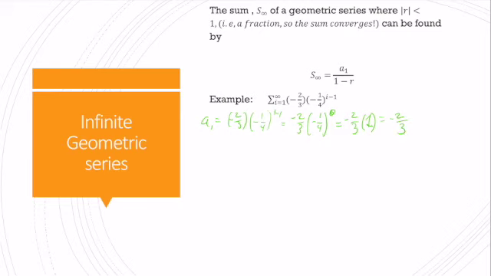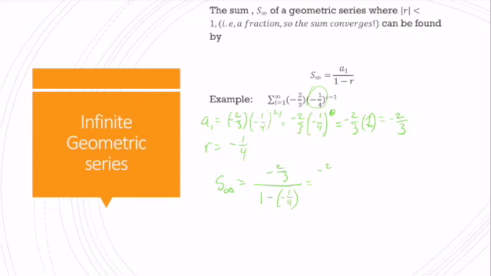My r in this case is what it's going to be changing by every time, 1/4. So r equals negative 1/4. So the sum of this infinite series is going to be my a sub 1, which is negative 2/3, over 1 minus negative 1/4.